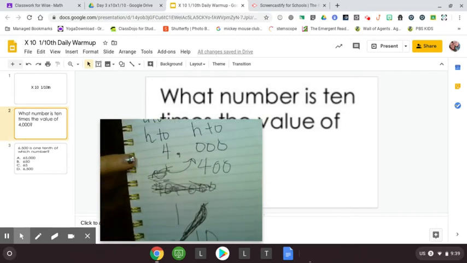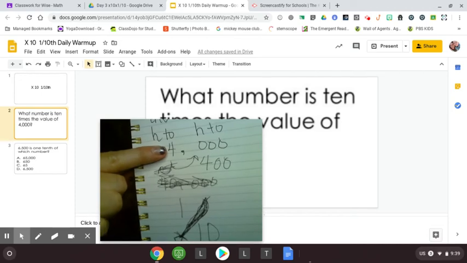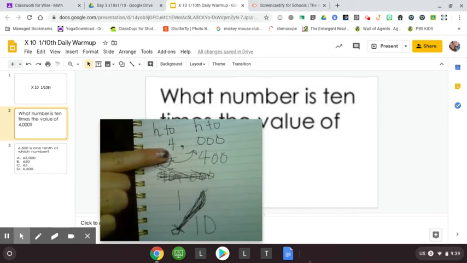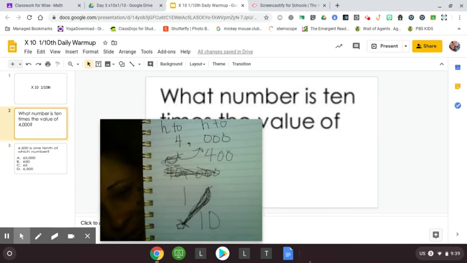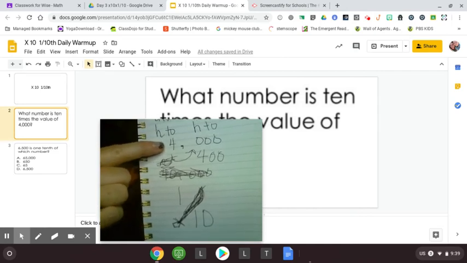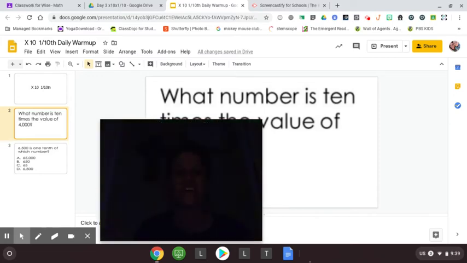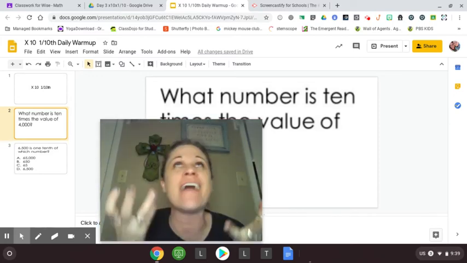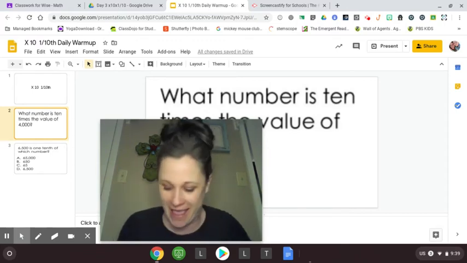So you can see my original number has 4 digits in it. And then when I 10thed it, it only had 3 digits in it because I got rid of one of those place values. It's called shifting place value. When I made it 10 times bigger, I added a place value. So instead of 4 digits, it has 5. Now you should know this. This is all review, and I have faith that you can do it, okay?